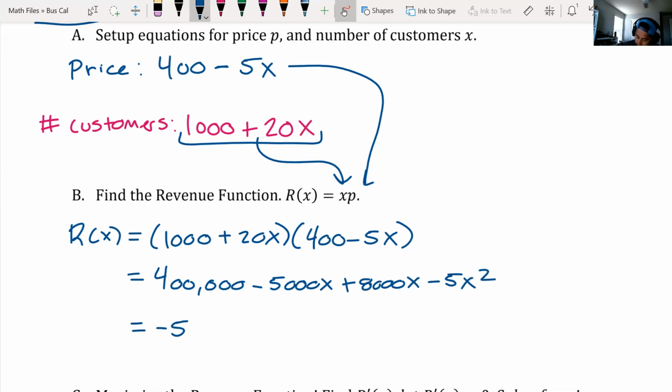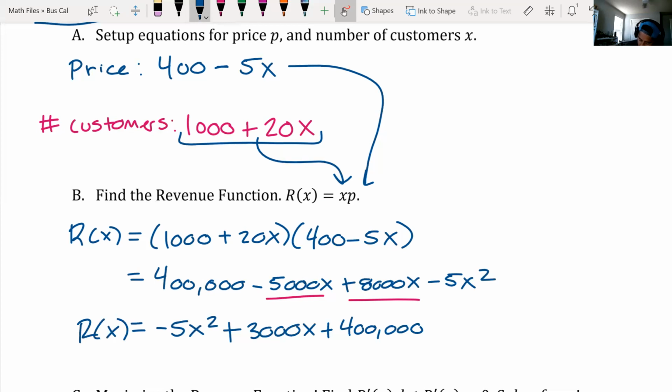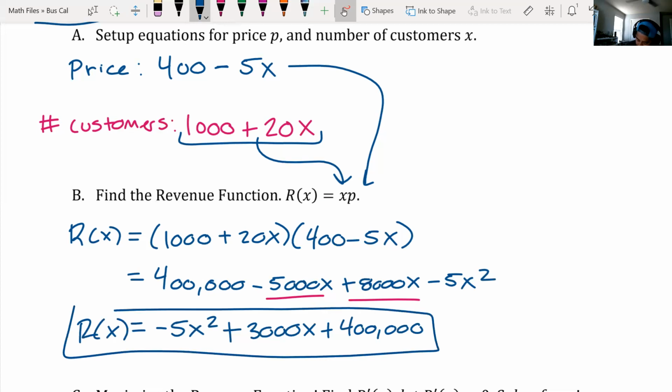You can put the x's together: -5,000 plus 8,000 gives me 3,000x, plus 400,000. Here is our revenue function. And now our job after finding the revenue function is to maximize it, which means we're going to take the derivative, set it equal to 0, and solve for x.